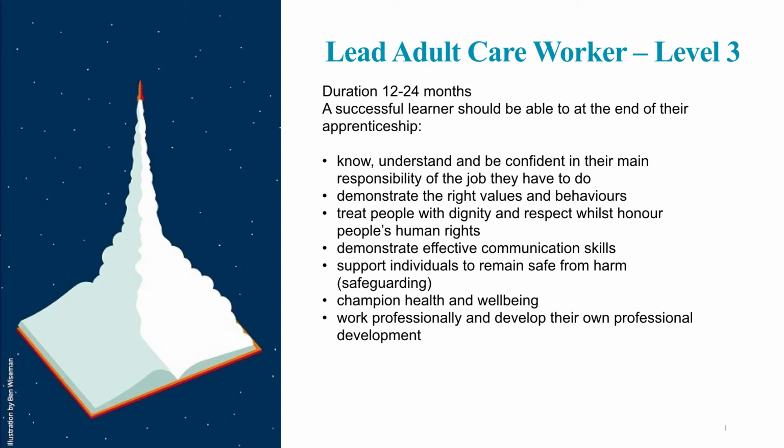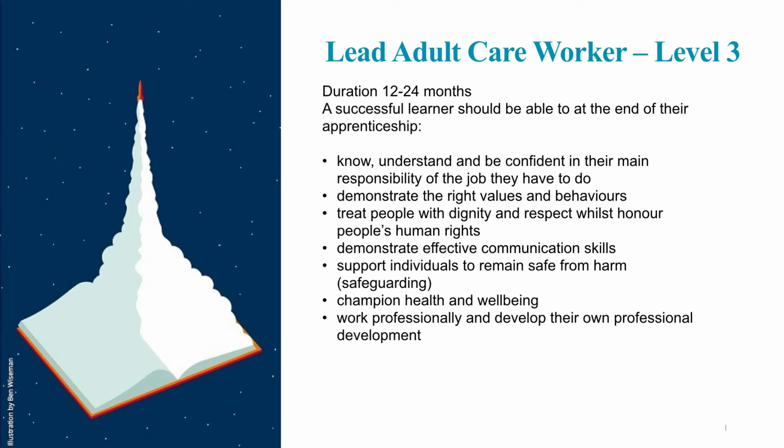And again, familiar themes here: a successful learner will be able to know, understand and be confident in their job, and demonstrate the right values and behaviours, dignity, respect, communication, safeguarding, health and well-being, working professionally. So very much the same subject areas as the level 2, but obviously at a slightly higher level, a slightly higher competence, more responsibility.